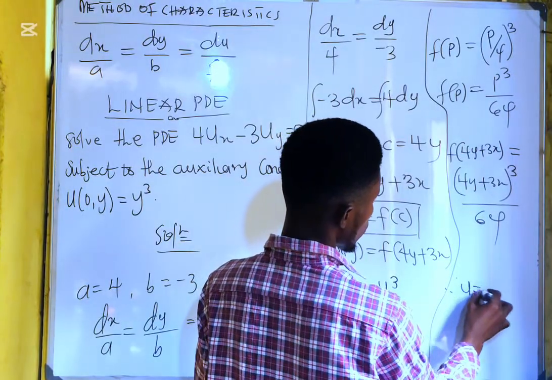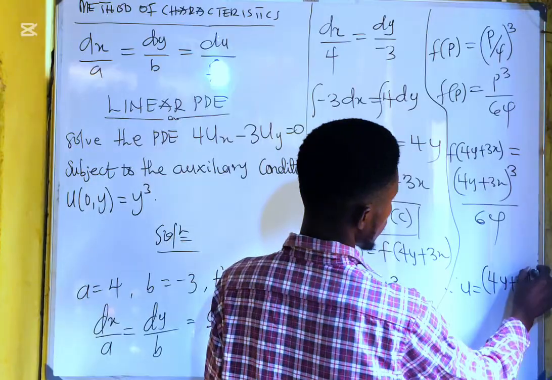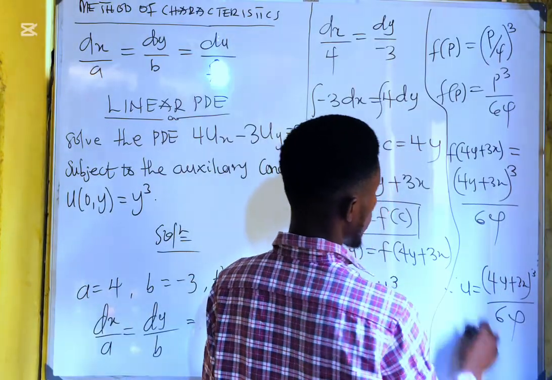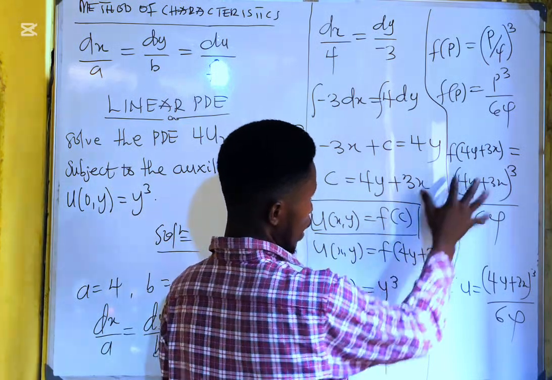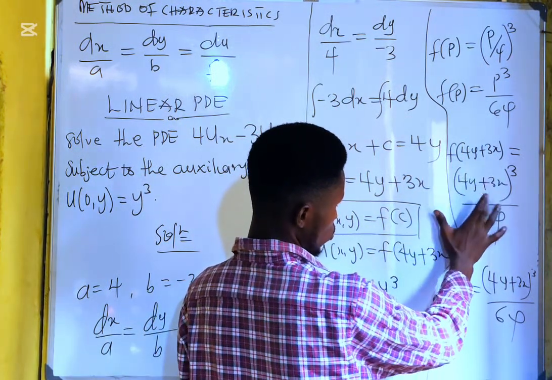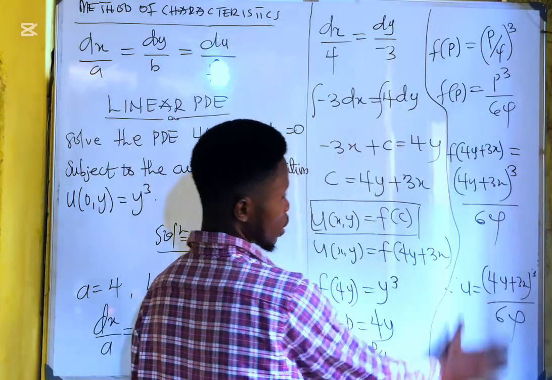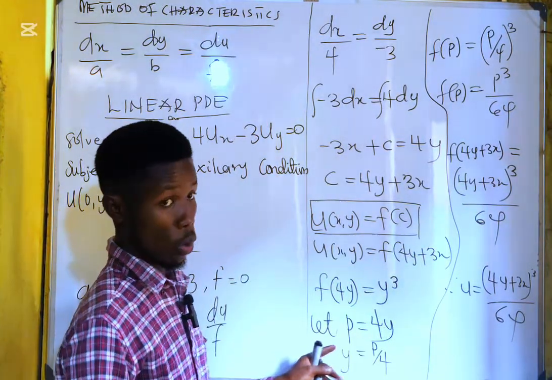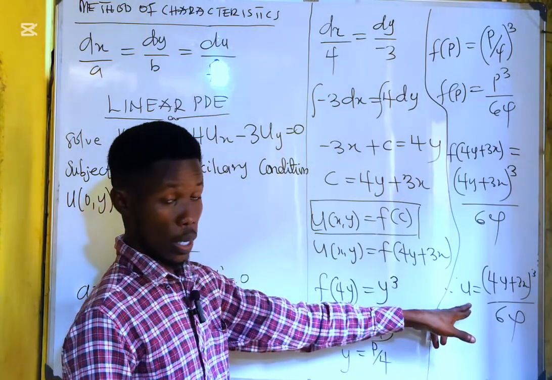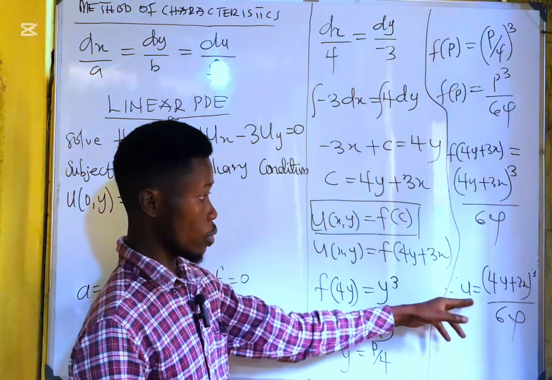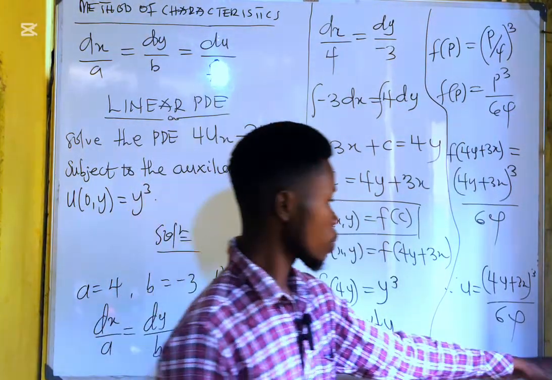Therefore, our u will be equal to 4y plus 3x cubed over 64. Already I have explained this, because we know that u is equal to f of this, and f of this is also equal to this. It's the same thing as what you solved. If you go back to the previous video, you realize that we had the same answer when you used the directional derivative. Is that okay?